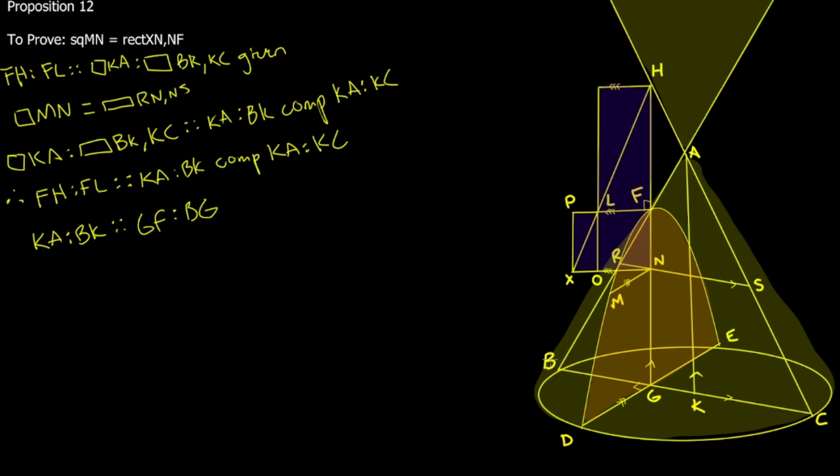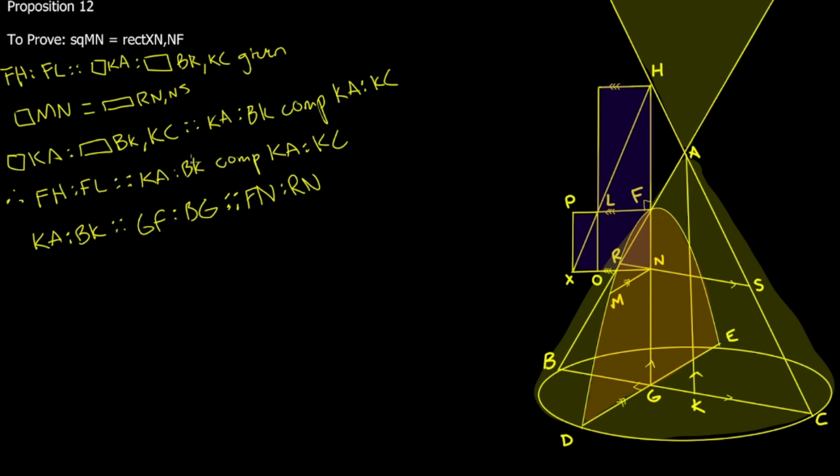And within this triangle, FBG, we see this smaller one, FRN. And since RNS was constructed parallel to BGC, that means that they're similar triangles. So as GF is to BG, FN is to RN. So we'll stop that one there.